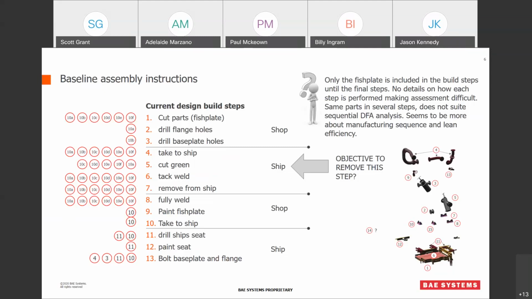So this means that we can assume that the sub-assemblies are correct, or if there are any constraints for the fish plate, in order to make the fish plate, there are some constraints that need to be respected, need to be considered.